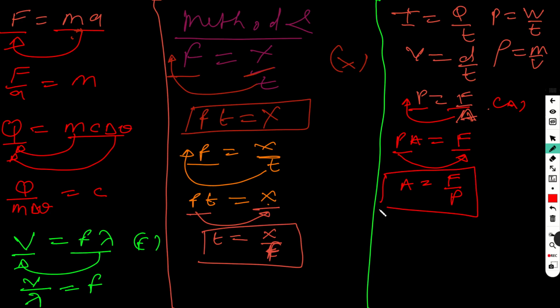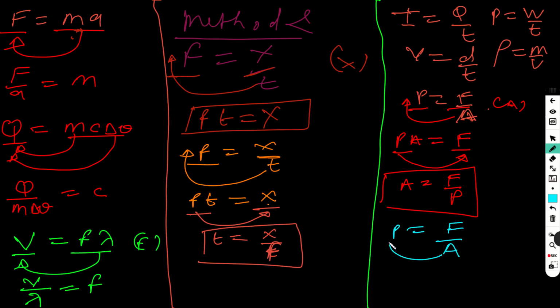Now if you're making F the subject of the formula, you just need to do one carryover. Like for example, if I'm getting F now, we have P is equal to F on A. Now F is above the line, and A is below the line.